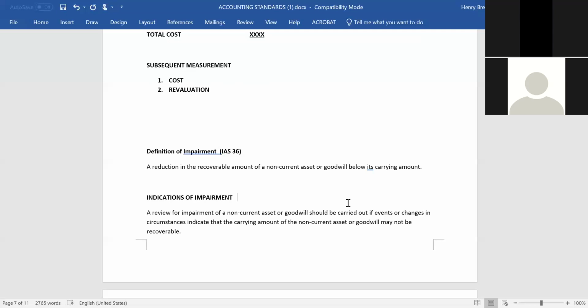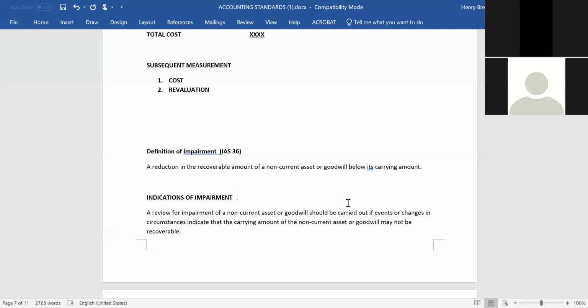Then we say that your property has been impaired. But in instances where I have recognized in my books, let's say, 5,000 Ghana cedi, but I get to the market and the value of my property is 18,000, 5,000 has moved to 18,000. In fact, what is important is the market value. So if the market value exceeds the book value, then we can say that there hasn't been any impairment.